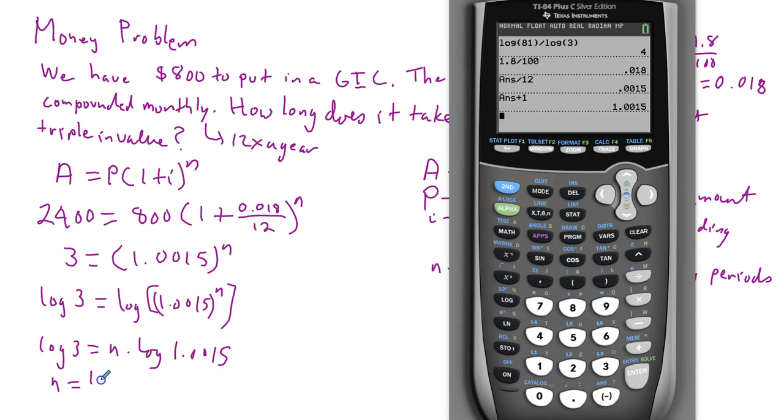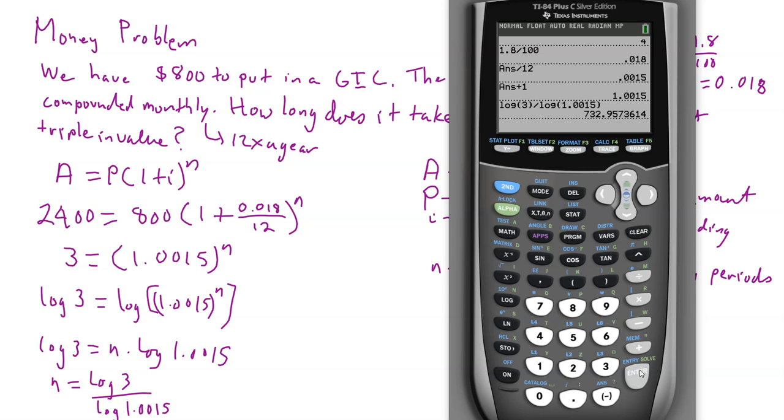And n will equal log 3 divided by log 1.0015. So log 3 divided by log 1.0015.